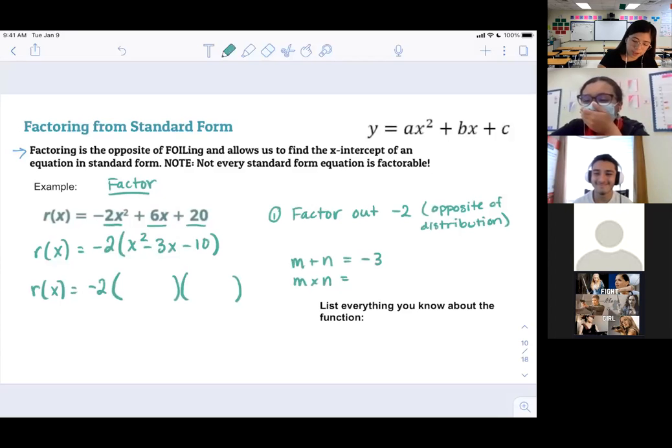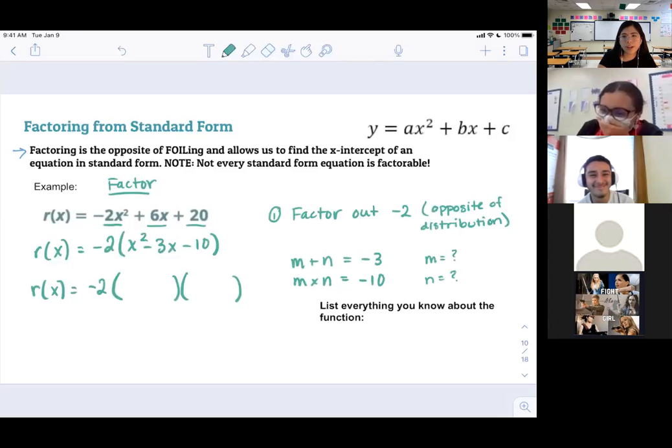M times n is -10. What number will get you that combination? So again, what two numbers add up to -3 and multiply to -10?